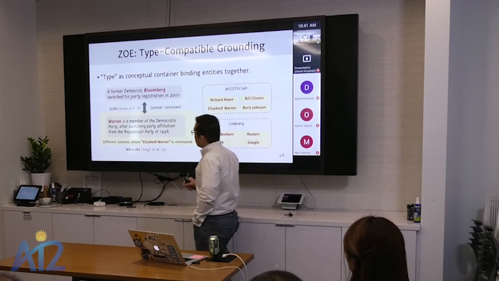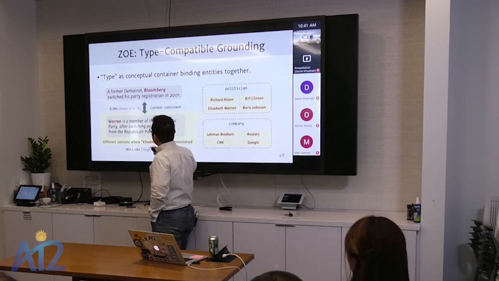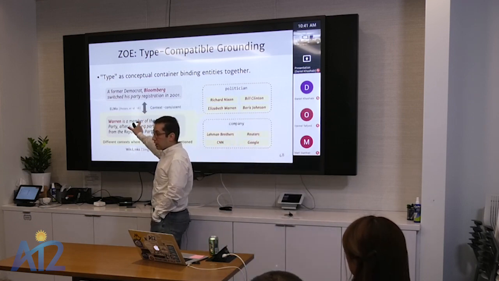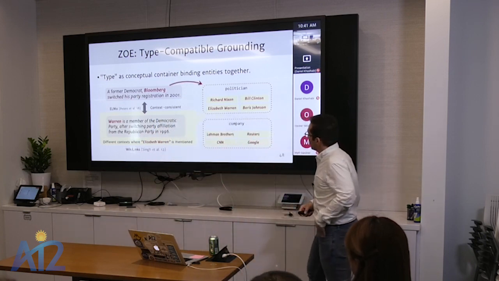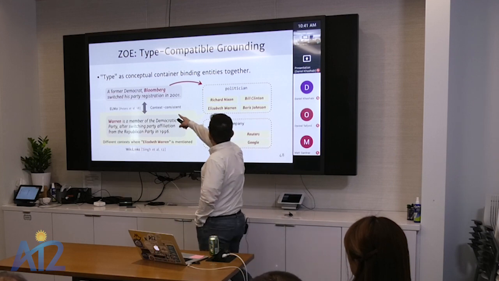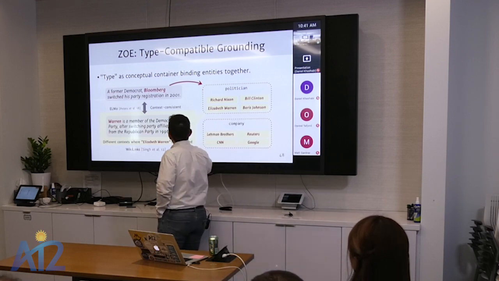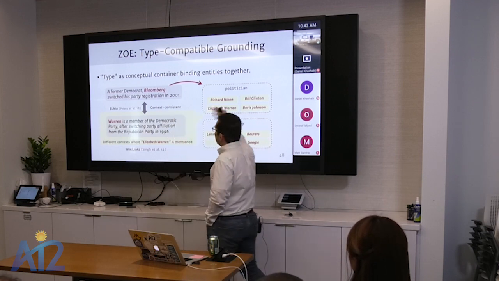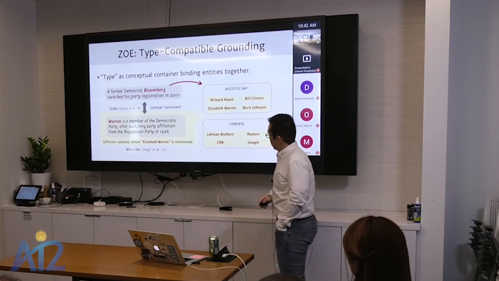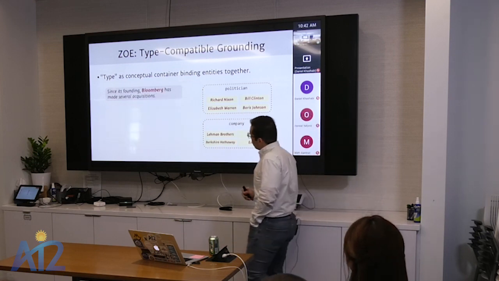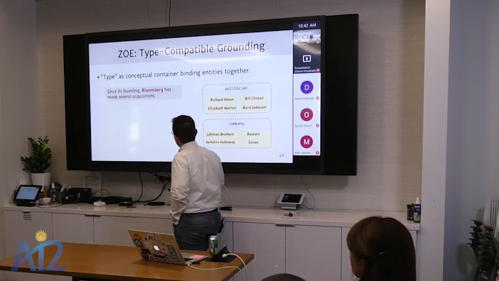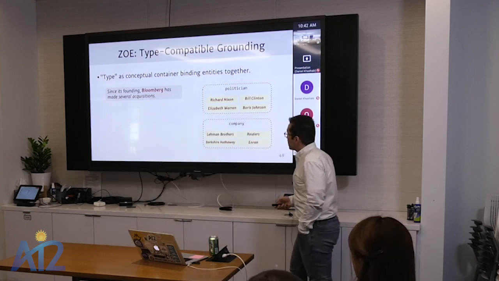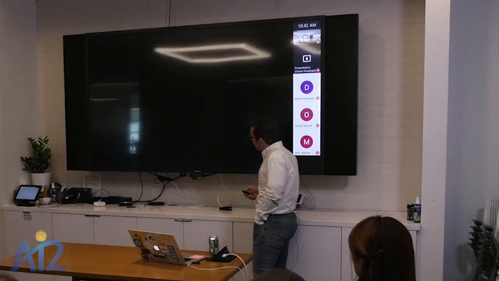And you can use tools like Elmo to recognize that these two contexts almost convey a similar point. Right? And if you do this, you can map this. And if you have enough of these kinds of contexts, you can, with some level of confidence, map it to a politician. Now, if I give you a different sentence, since its founding, Bloomberg has made several acquisitions. Again, I can go to the context in which any of these concepts appear.